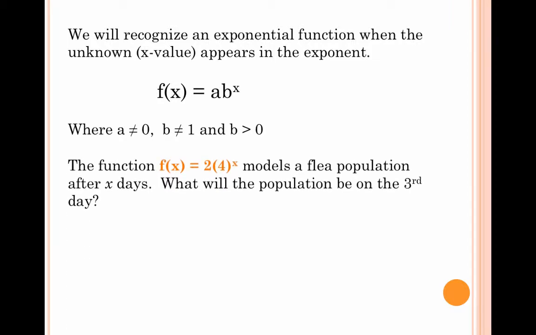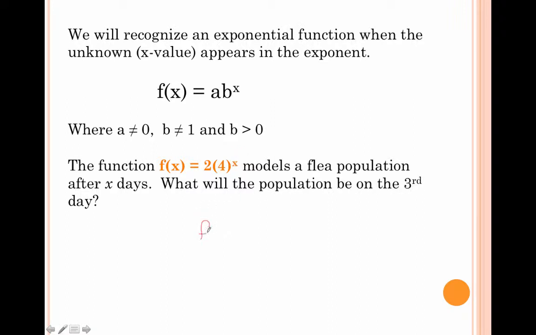So I've got this function, f of x equals 2 times the quantity 4 raised to the x, and that models a flea population after x days. So I want to know what the population will be on the third day. So my x represents the number of days, and I've asked for the third day what the population is going to be.